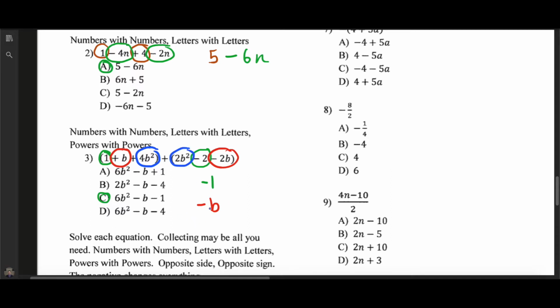So we are going to go ahead and have 6b squared. And then when we put these in order, it's always going to be the highest exponent first, then the variable, then the constant, the one without the exponent. So 6b squared minus b minus 1. And yep, that's exactly what we thought it was going to be. So that would be your answer.